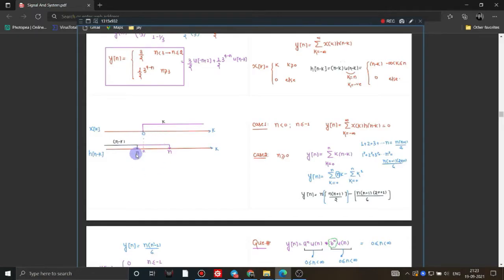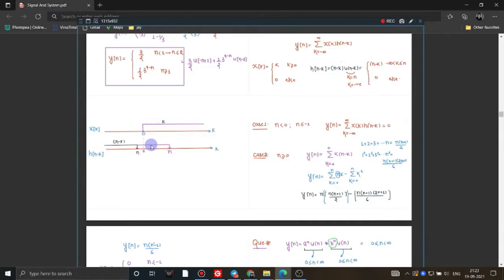And what is the common area in both of these when n is less than 0? So focus on my cursor, from minus infinity to n. This is the graph of hn minus k, and the graph of xk is from 0 to k.